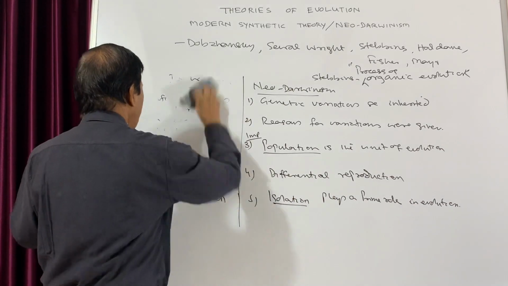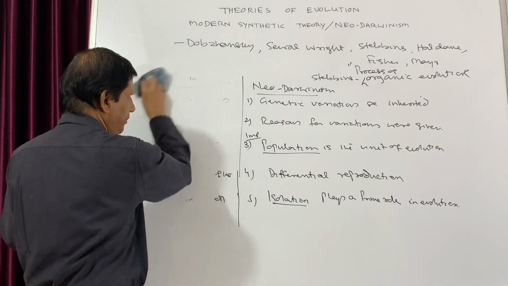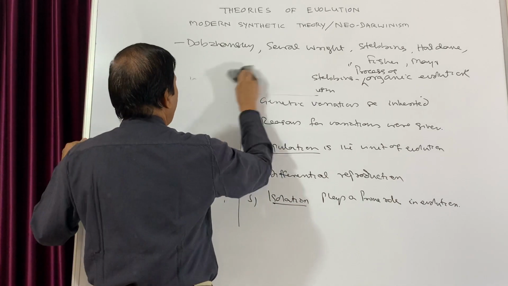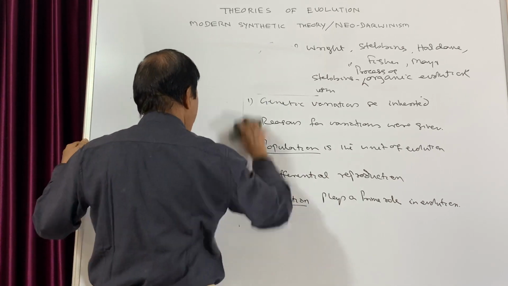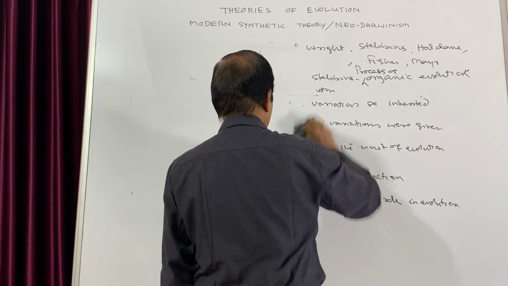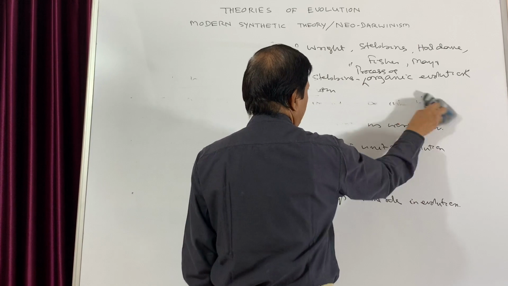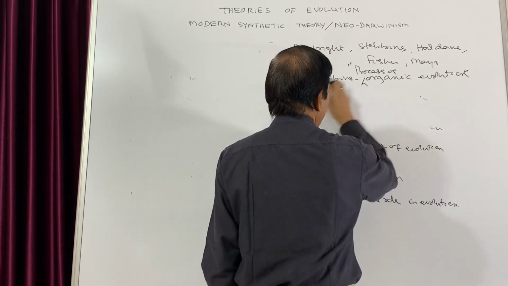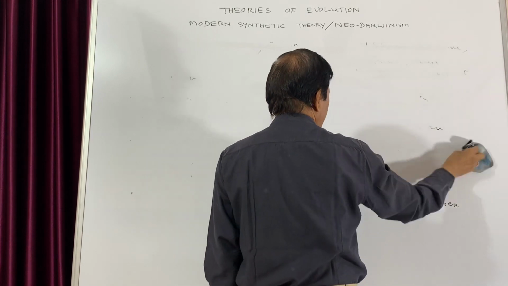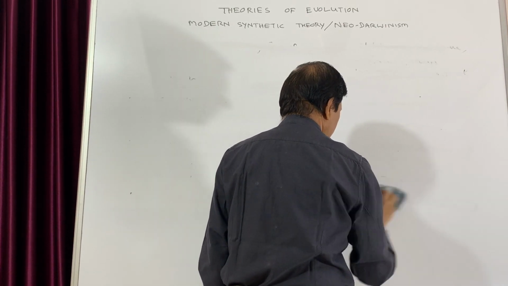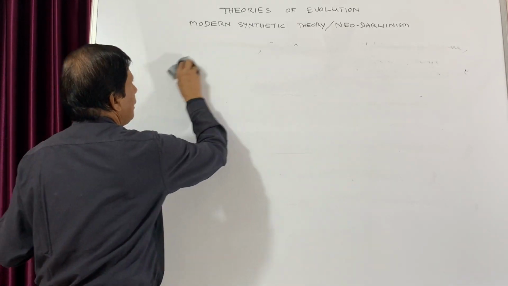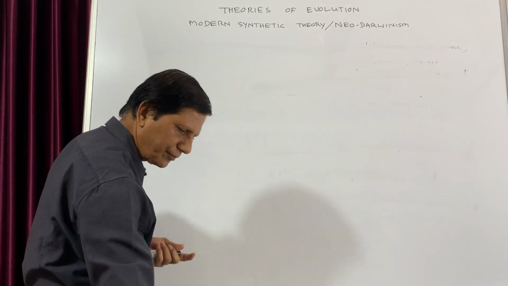The modern synthetic theory or Neo-Darwinism, we can discuss in different steps. Number one is genetic variation. Number two, natural selection. Number three is reproductive isolation. And the next is speciation.